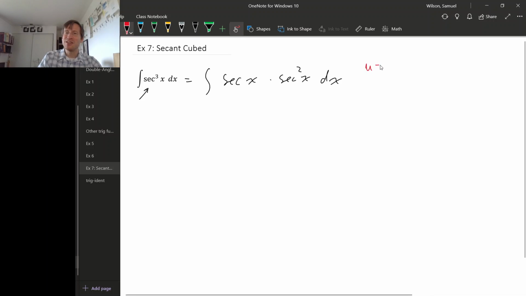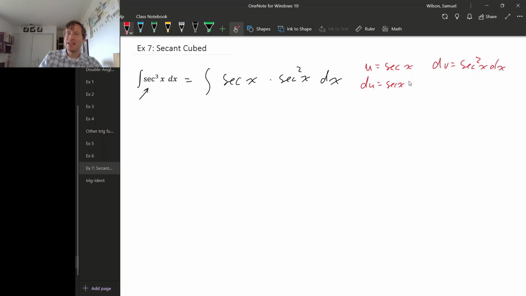So now we can take u to be secant x, we can take dv to be secant squared x dx, du is secant x tangent x dx, v is tangent x.